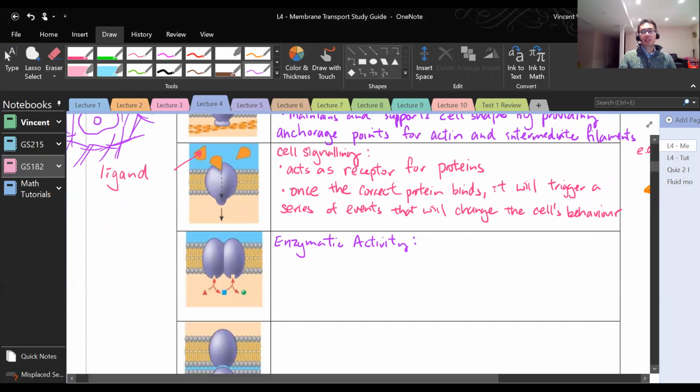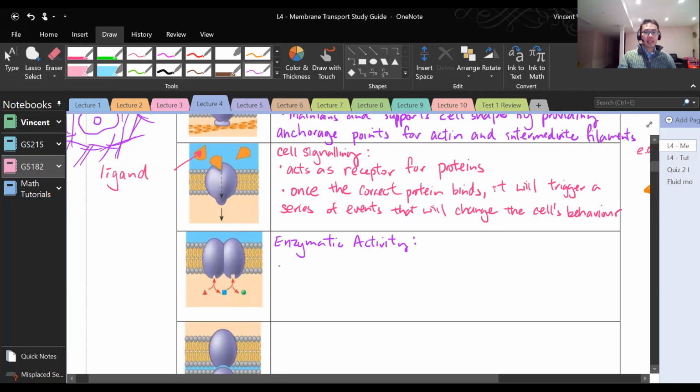Sometimes we want to carry out multiple reactions close to the surface of the cell membrane. We do that for signaling purposes. We do that for immune purposes. And then it's just convenient to have multiple enzymes that belong to the same pathway so close to each other.